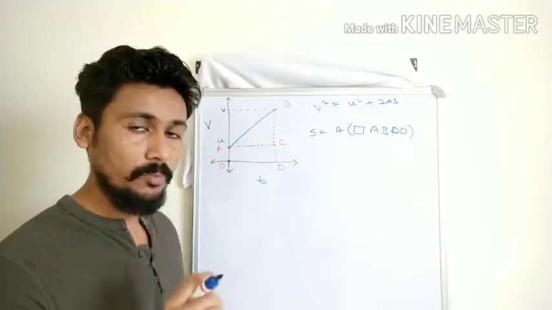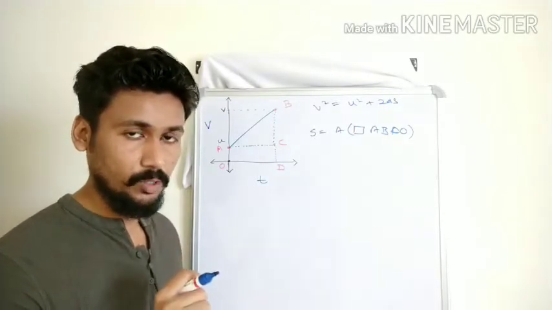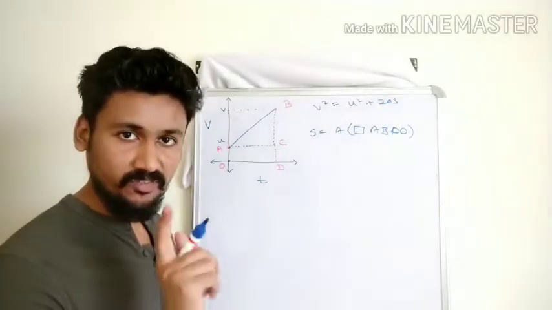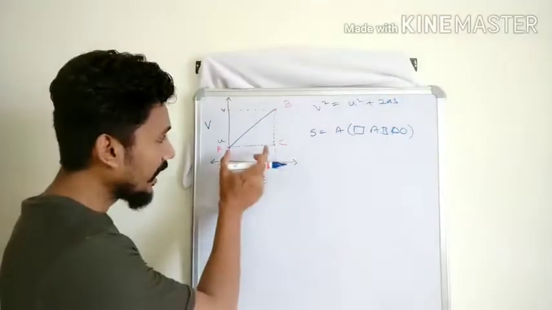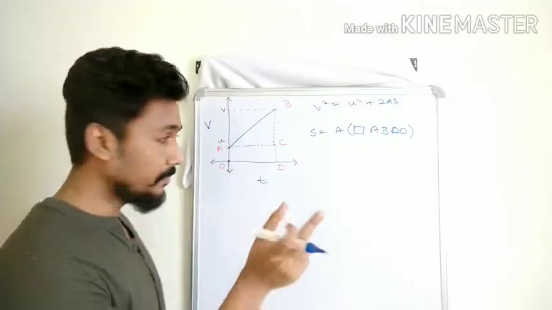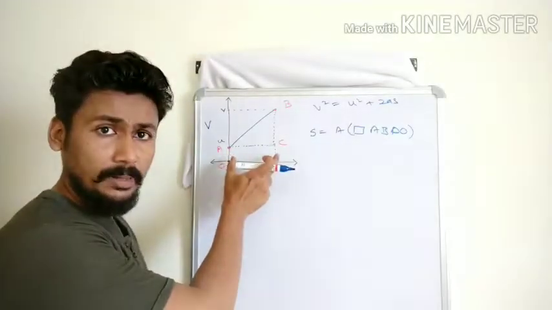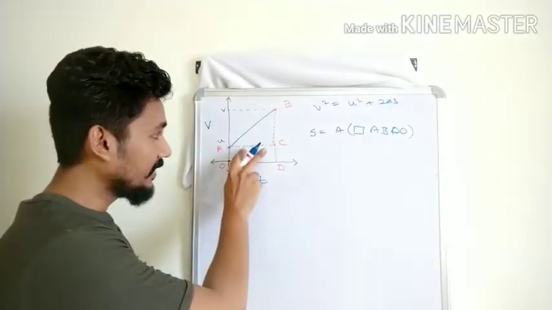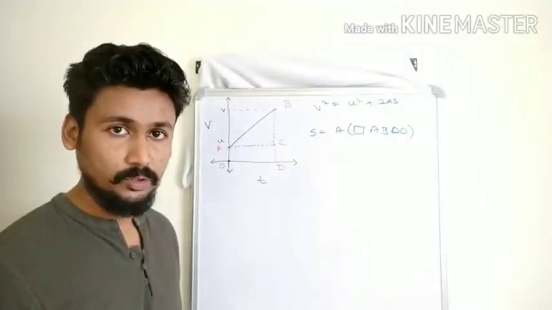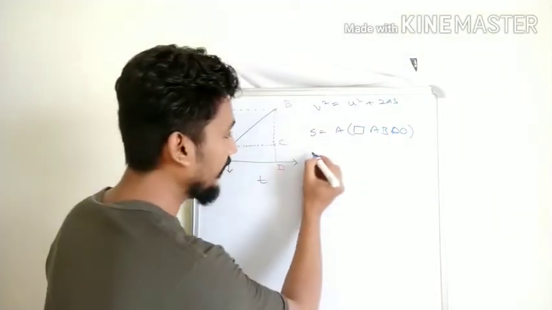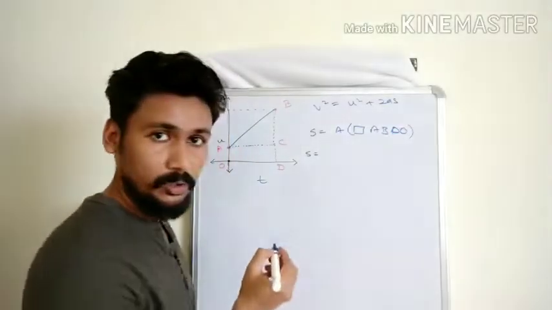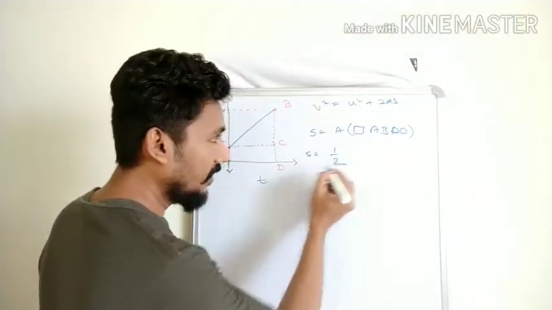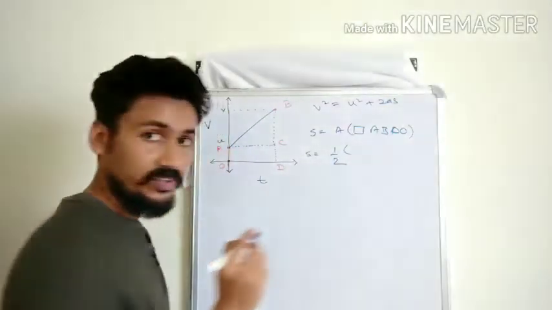And you know the formula for the area of a trapezium. The formula for the area of a trapezium is half multiplied by the sum of the parallel sides multiplied by the height, or the distance between the two sides. So how can we write it? I can write S is equal to half into the sum of parallel sides.